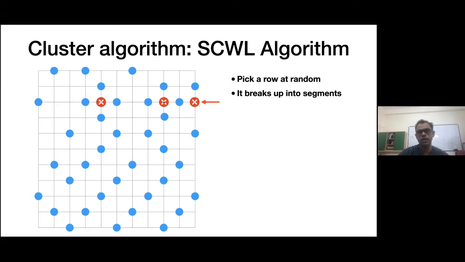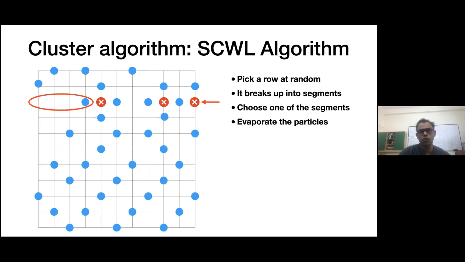For example, in this case, this red one, if you can see my cursor, is disallowed from occupation due to the blue particle on the top. So these red circles divide the line into segments. Then you pick a segment at random and evaporate all the particles in that segment.